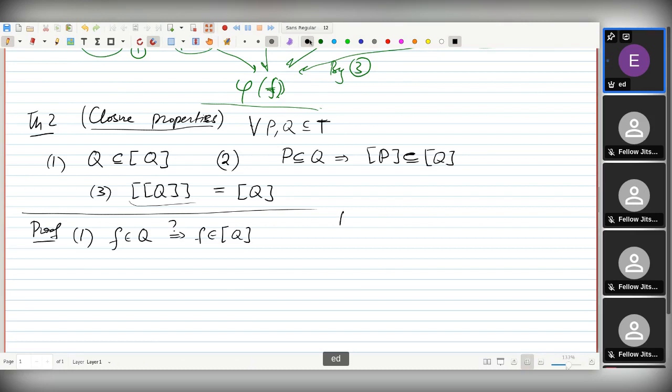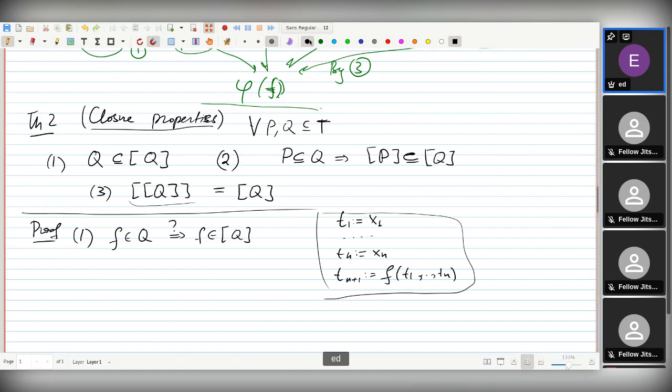You may easily construct it. Let T1 be x1 and so on, Tn be xn, and then our last assignment is just applying f to T1, ..., Tn. Clearly, this circuit computes f. Is it clear?